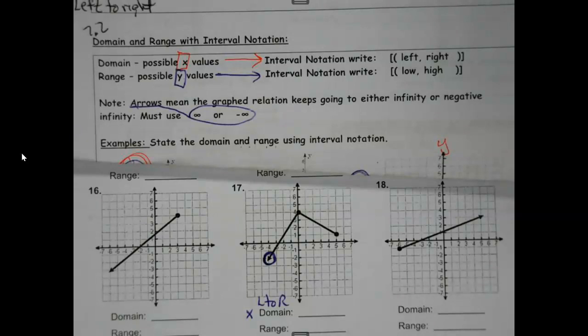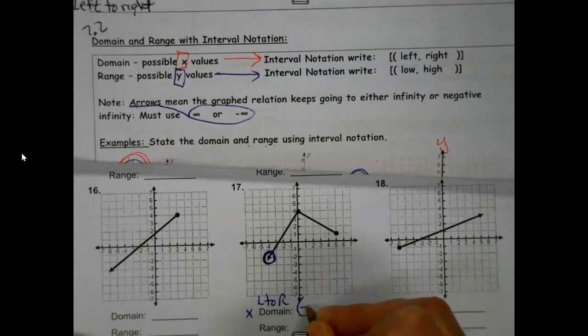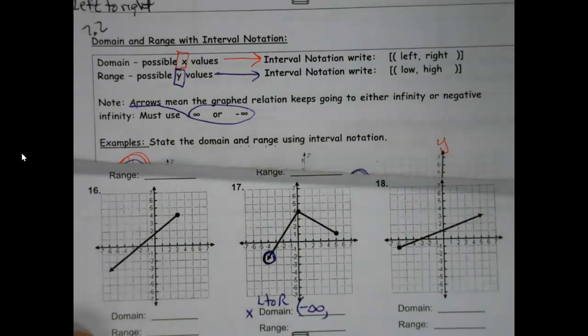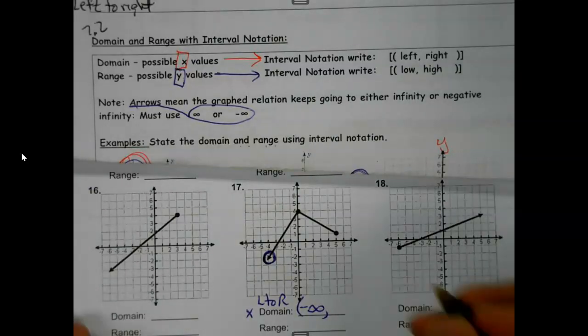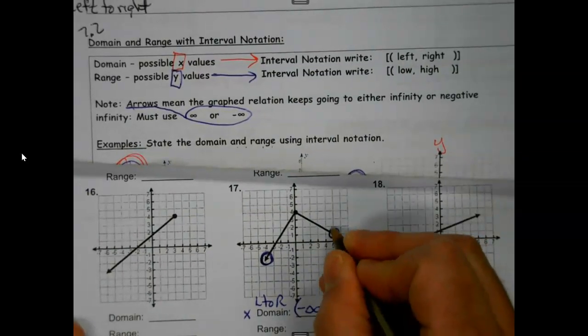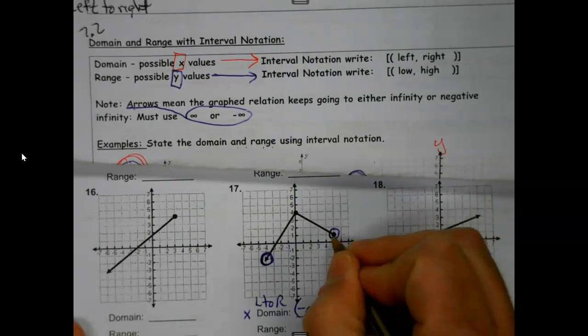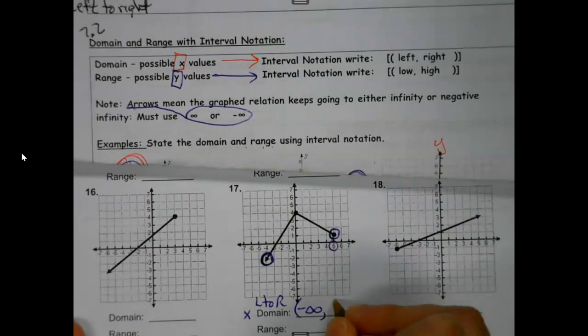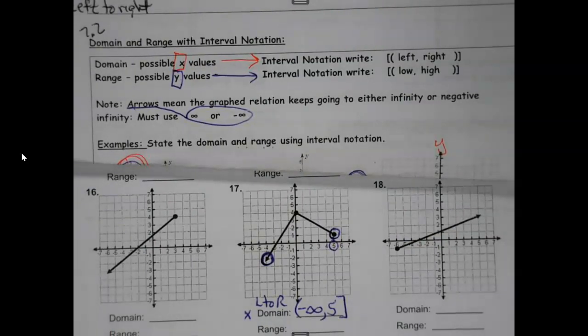So what's an arrow mean again? Infinity. But since it's left, it's negative infinity because it's getting small. The numbers are getting more and more negative as I go to the left. Find the furthest point to the right. Find the X value. Again, furthest to the right, keep reminding yourself it's always X when I'm dealing with domain.